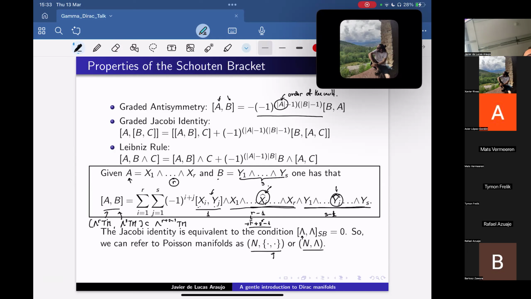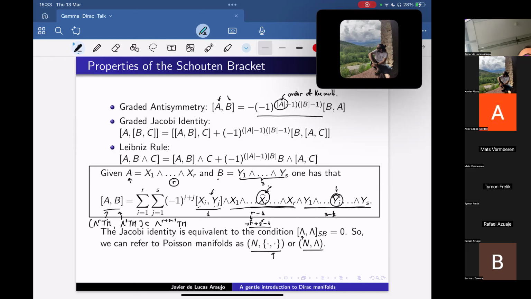So the relations, the Jacobi identity, the antisymmetry, and the Leibniz rule, are changed by a certain factor which depends on the degree of the multi-vector fields.